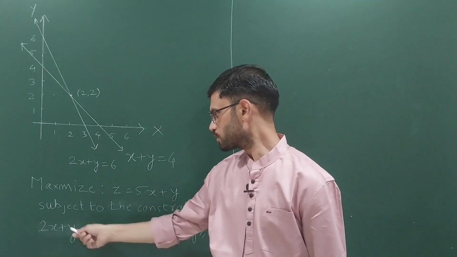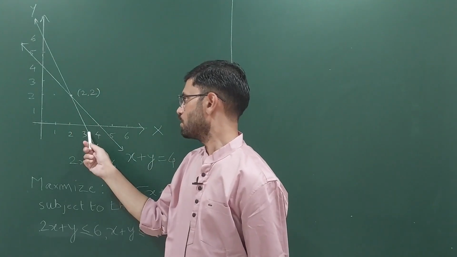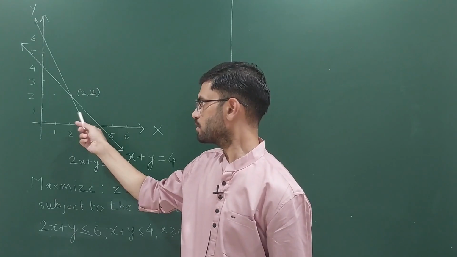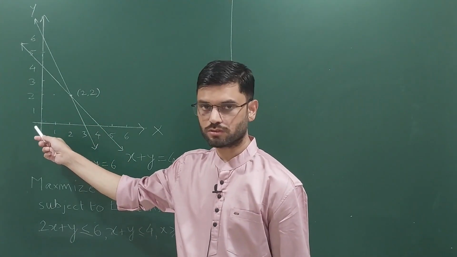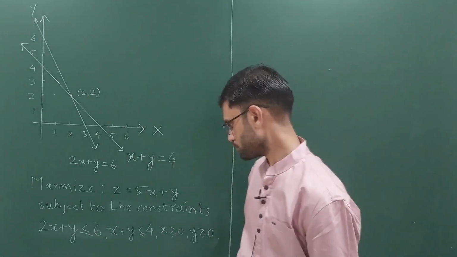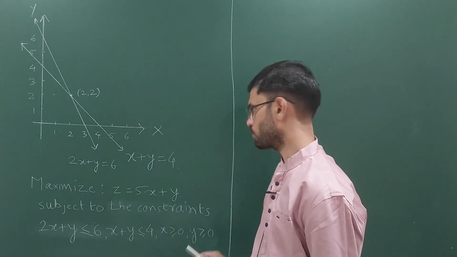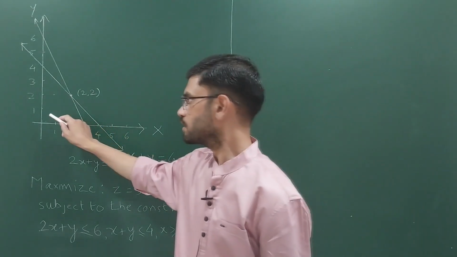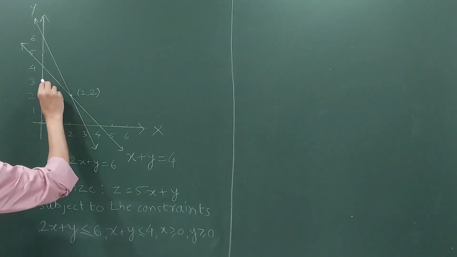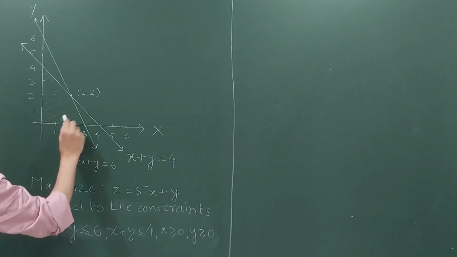Second is 2x plus y equal to 6, this line with 6 as the y-intercept, and the region again that lies toward the origin represents this inequality, and x greater than or equal to 0 and y greater than or equal to 0 imply that we are considering the first quadrant. So therefore the feasible region is this. This is the feasible region that we have to understand.